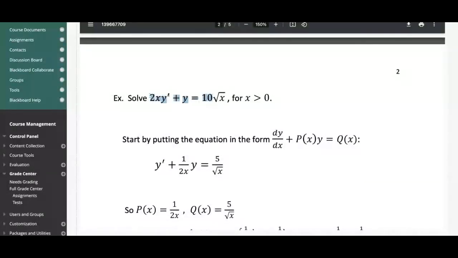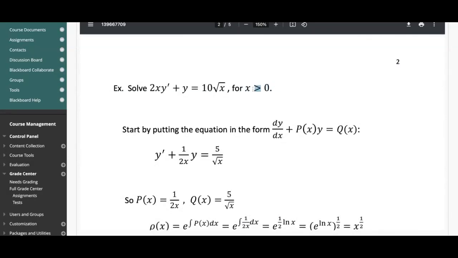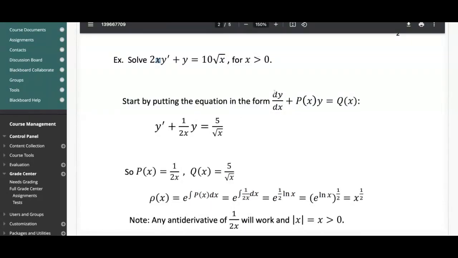Let's see, we have this. We have 2xy prime plus y equals 10 square root of x. And well, we only want to deal with real numbers, so we let x be greater than 0, not even equal to 0, because we want to divide by x on both sides at a certain point.